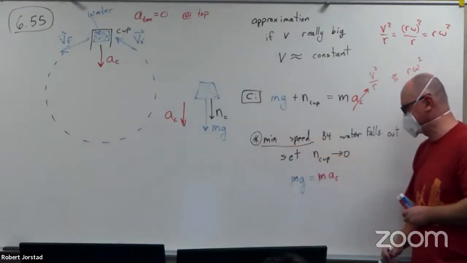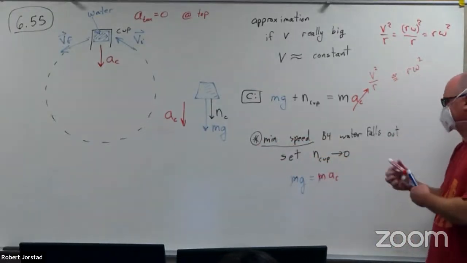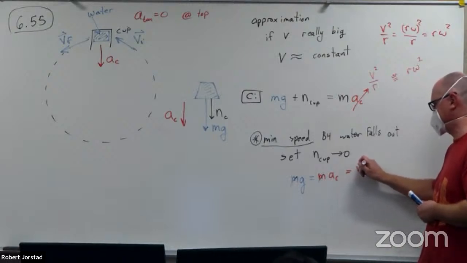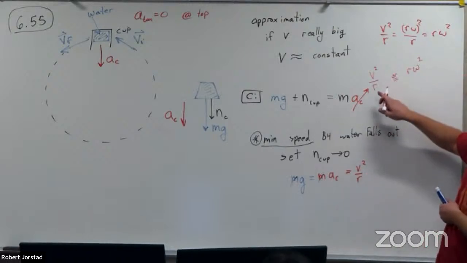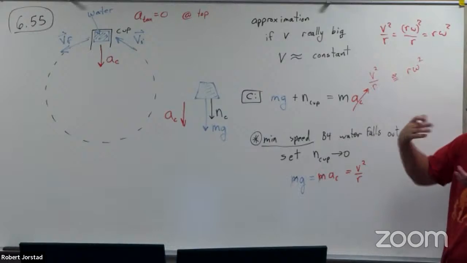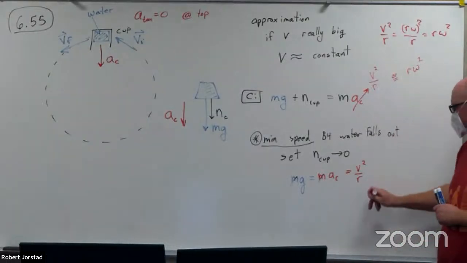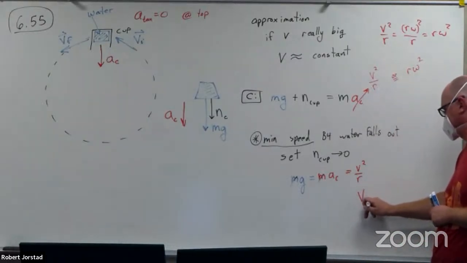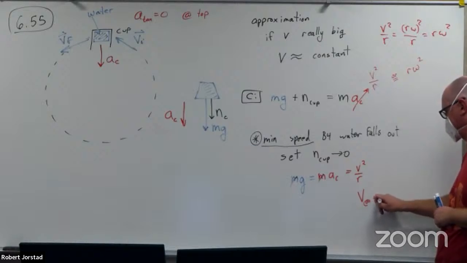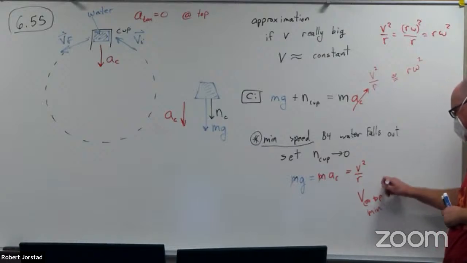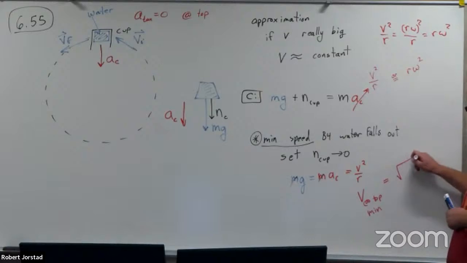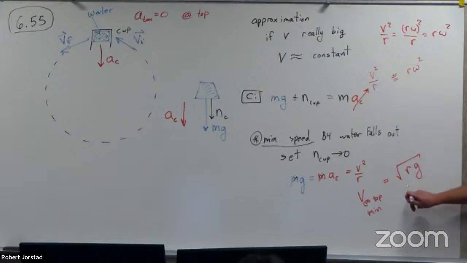That's V. a_c is V squared over R. We'll use the V squared over R in this case because it's asking about speed. It makes sense to use the V squared over R version. I get V at the top, min, equals the square root of R g. What could I check? Units. Meters times meters per second squared.